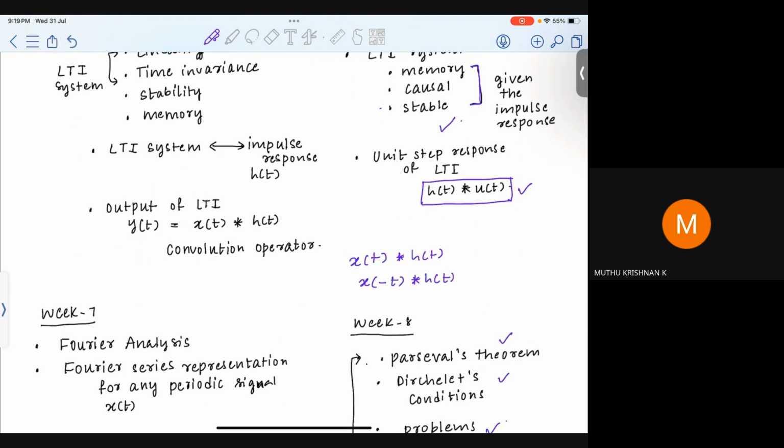No, ma'am. x of t into h of t minus tau, is it equal to y of t minus tau? Could you please scroll down a little bit, ma'am?